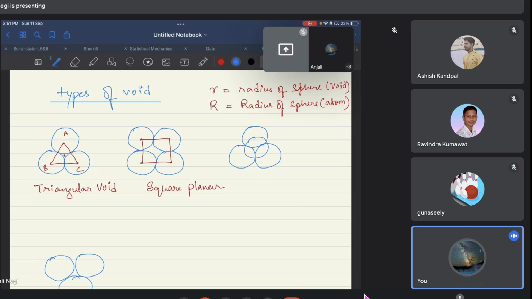All 4 atoms are touching each other, making the geometry something like this. These dots are in the same plane and the other one is on top of them, so this forms a tetrahedral void.